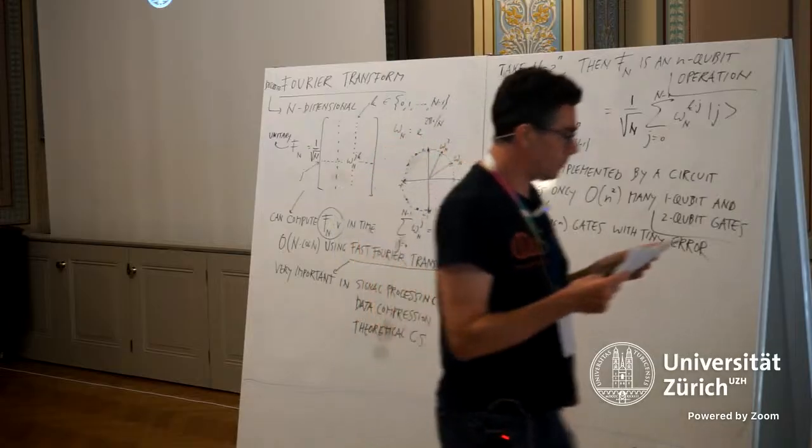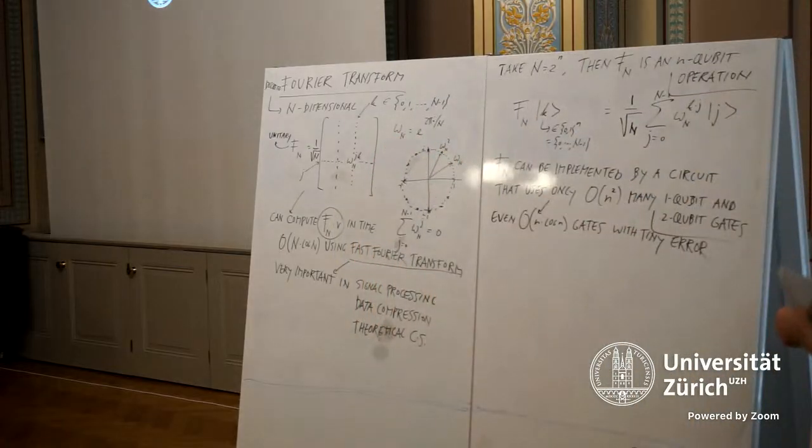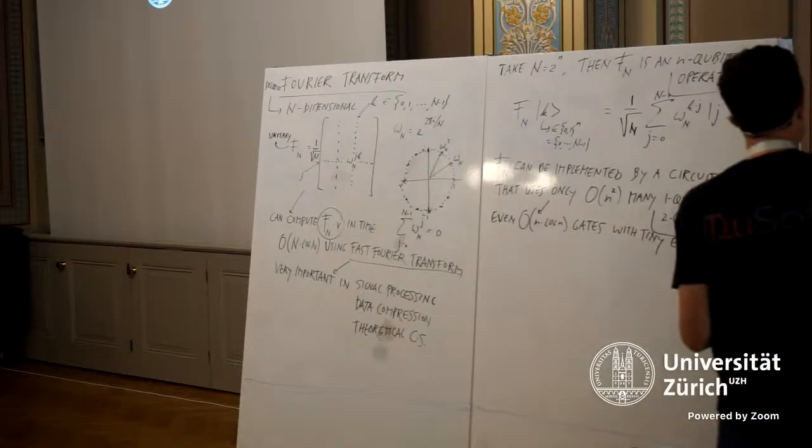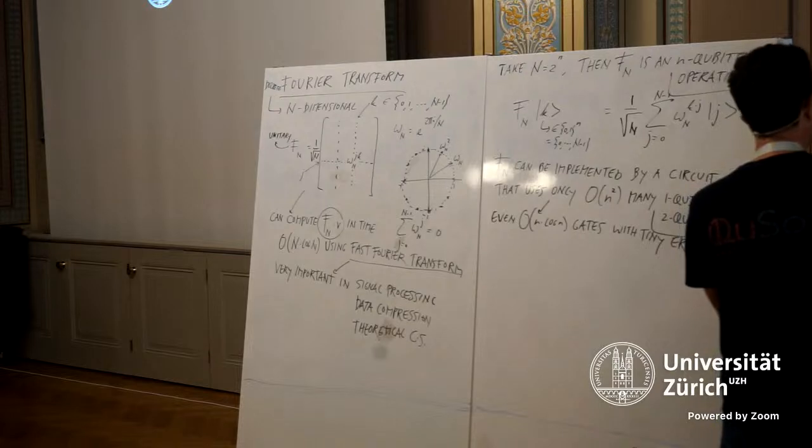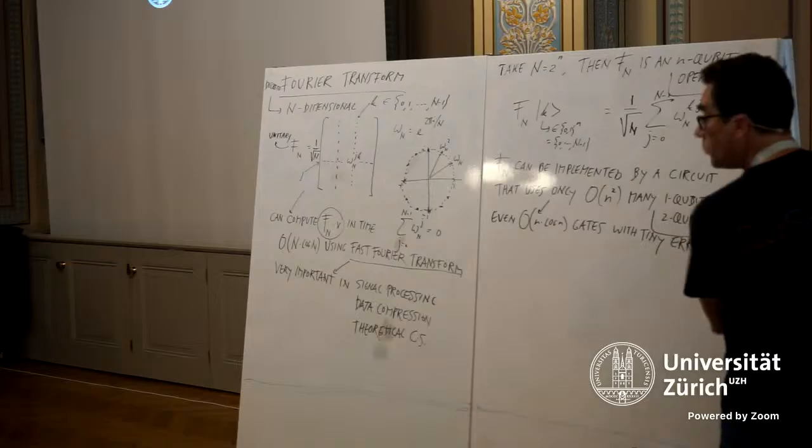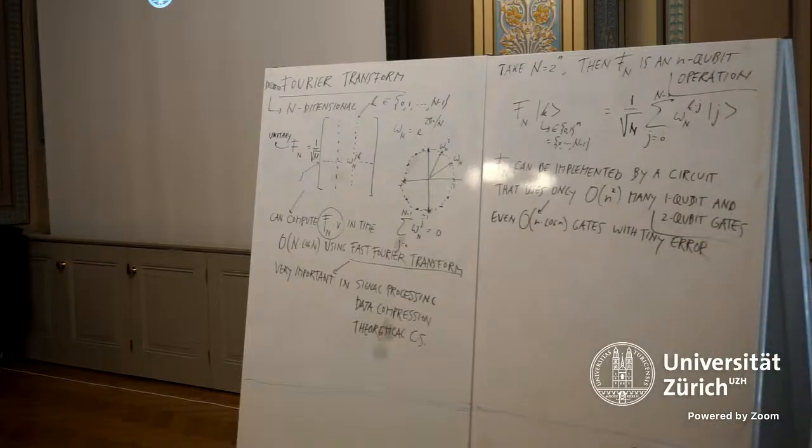So how to implement this unitary efficiently? Maybe we should start with small cases. Small cases first. And what is the smallest case? The smallest case is little n equals 1.